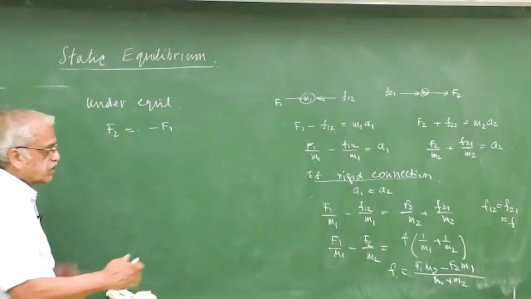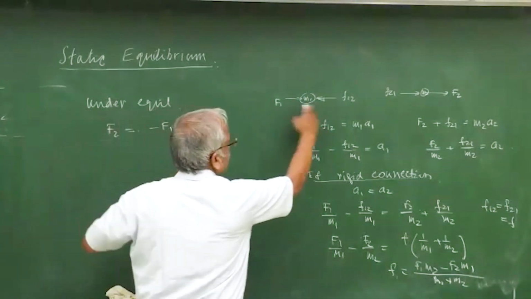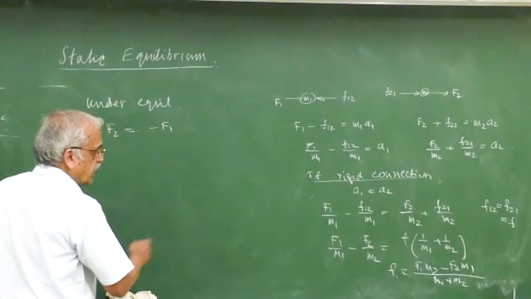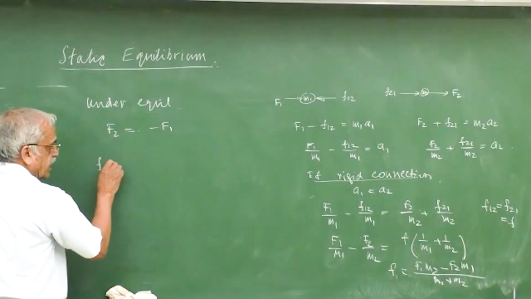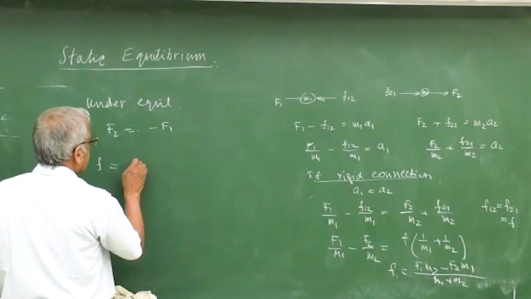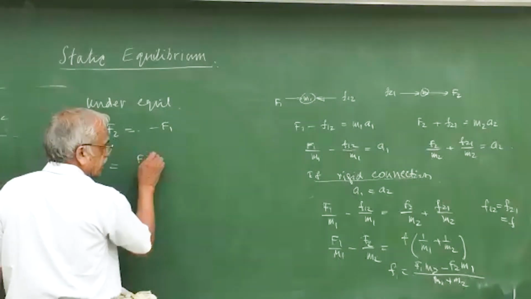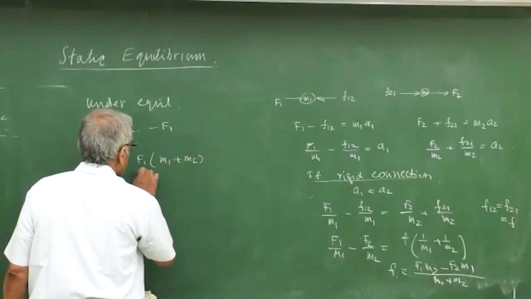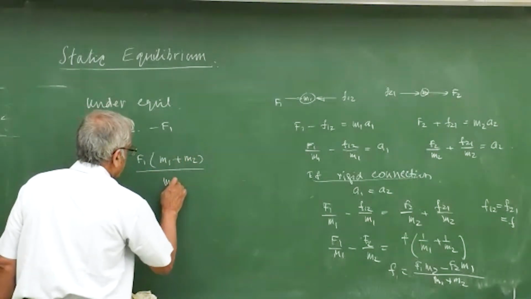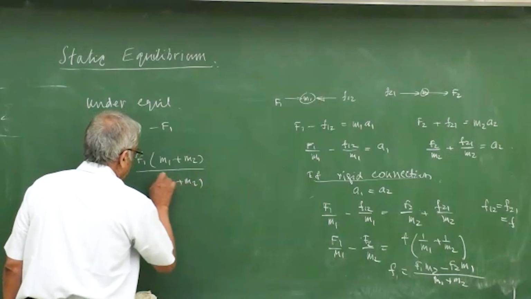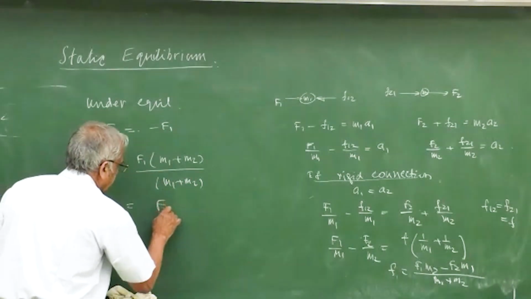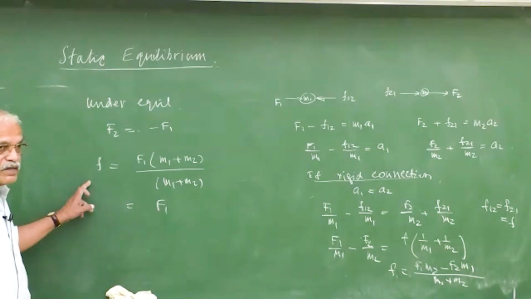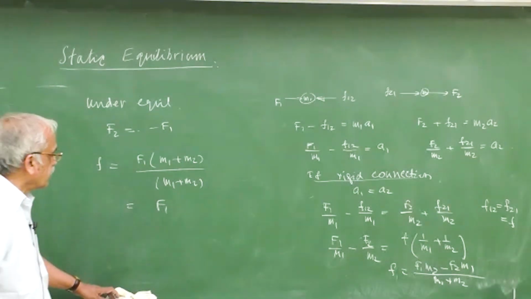F2 is equal to minus F1 because we took F1 and F2 both in the same direction. And then I can add F, which is simply F1. Understand? So that means that the internal force now is equal to F1.